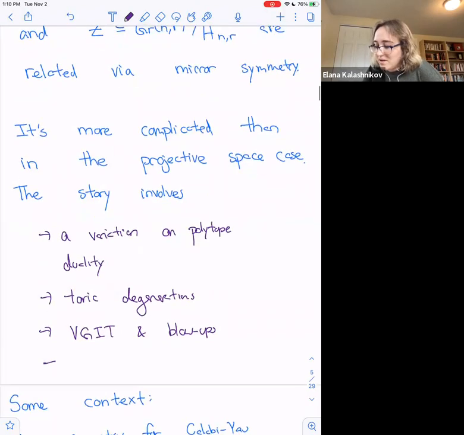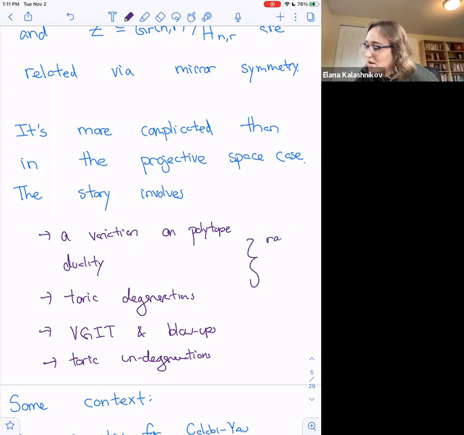And then it's also going to involve toric undegenerations, meaning I'm also going to take what I think is the result of the toric degeneration and tell you how you can undegenerate it into something.